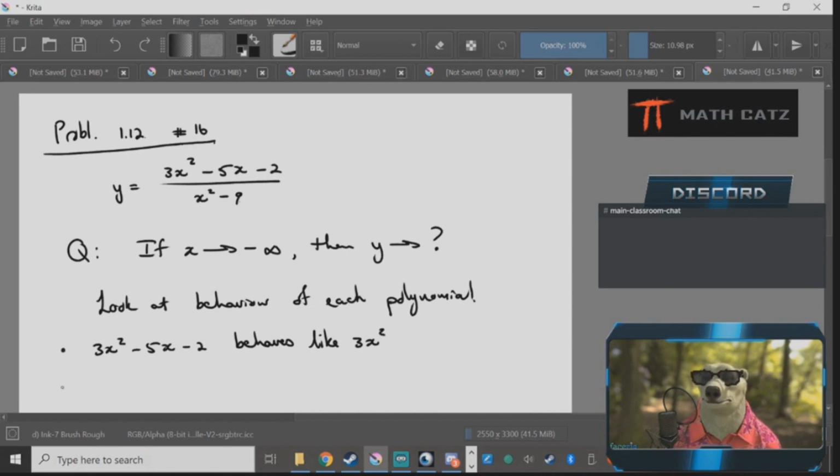Second one, the denominator, x squared minus 9, behaves like its leading term, x squared. And let me emphasize, I can only say that when I'm looking at the two extremes, x going to positive or negative infinity. Anything with x approaching a specific number is a whole different question for a whole different chapter that we have to do later. This is only long-term behavior.